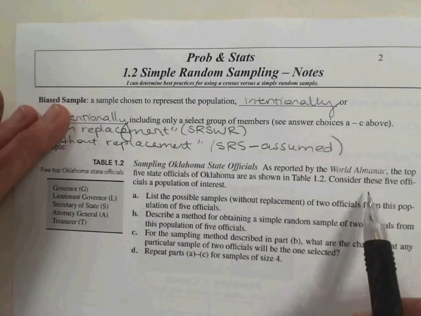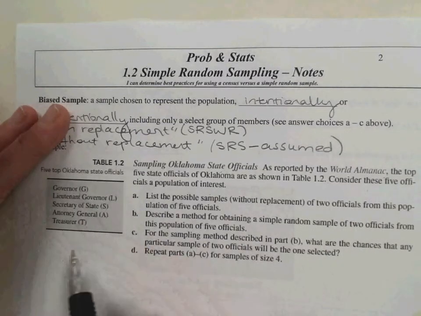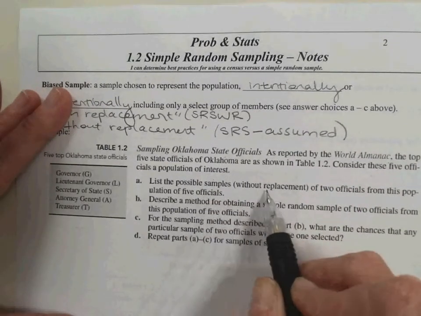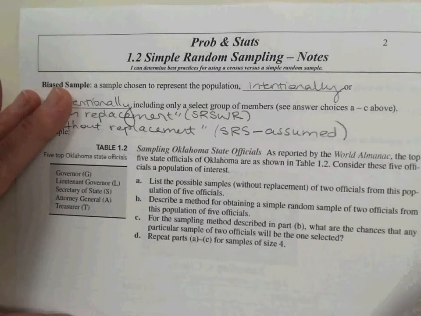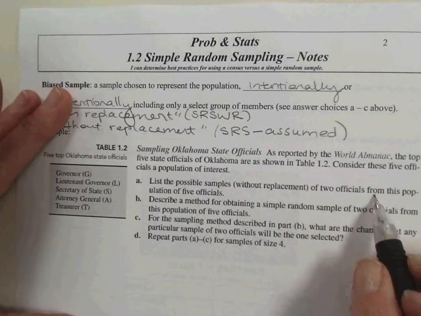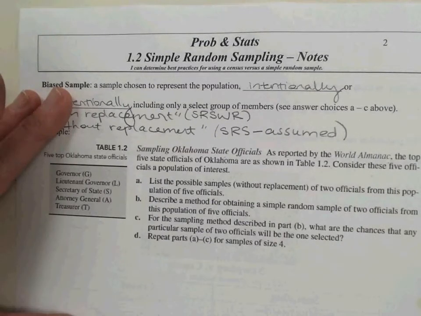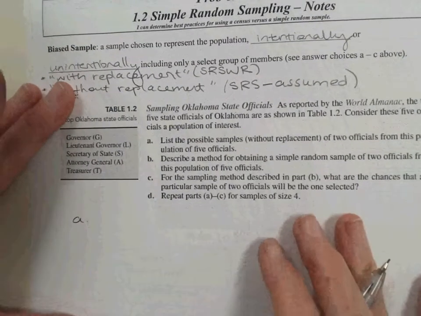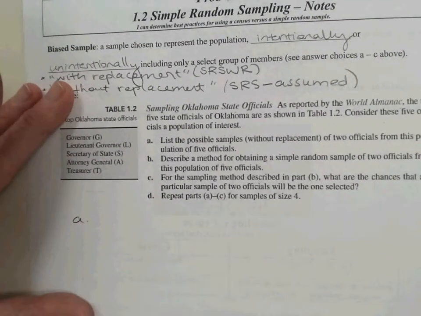So we're going to consider these 5 officials a population. We're considering this our population of interest. So the first question says, list the possible samples without replacement of 2 officials from this population of 5 officials. So part A, we're just listing out the different possible ways we could pick 2 officials.